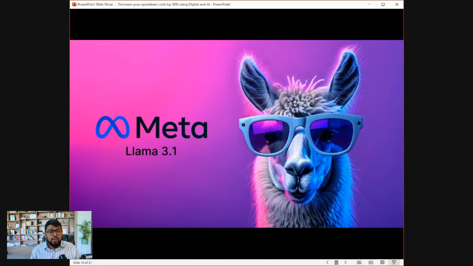And then finally, Meta Llama 3.1 is one of the biggest open source models that has come. What I mean by open source model is that you can actually download the code of this model on your company's system or server, train it, fine tune it, and ensure that all of the interactions happening within your organization actually stay within your organization.